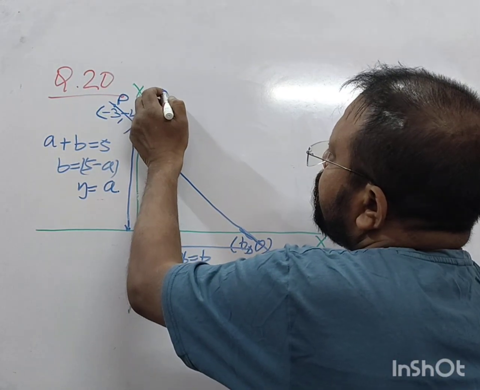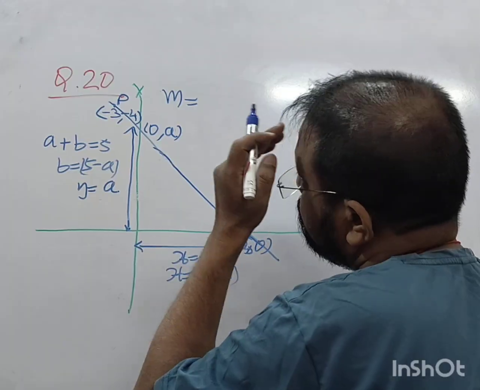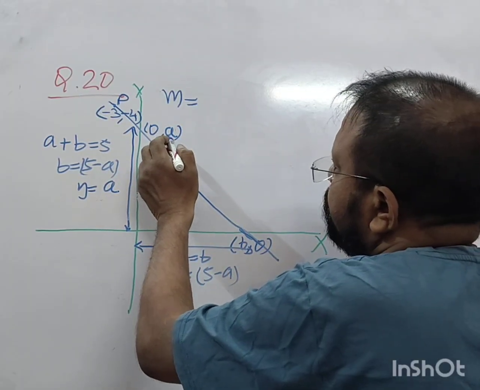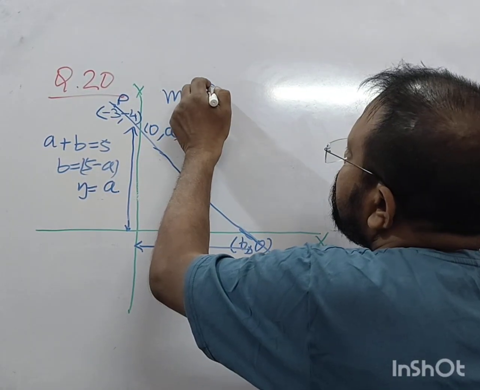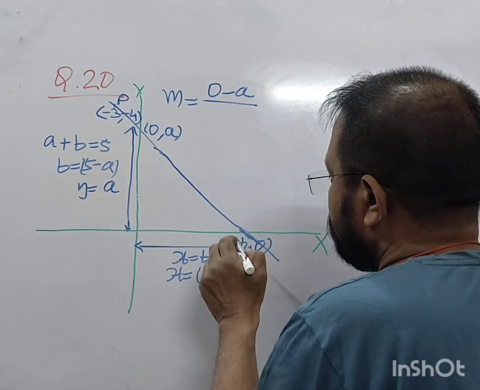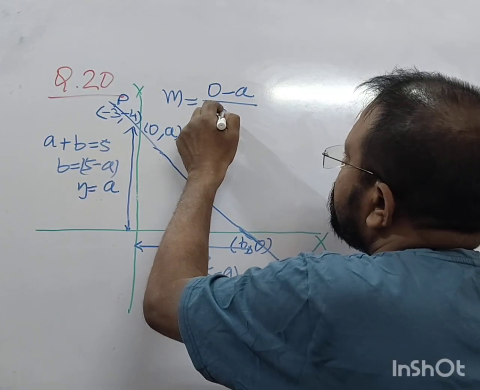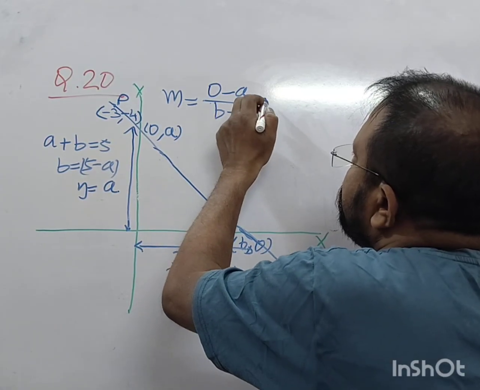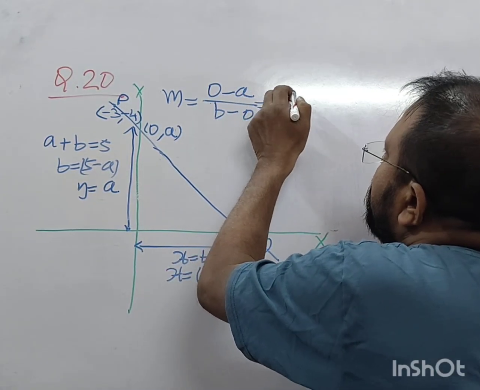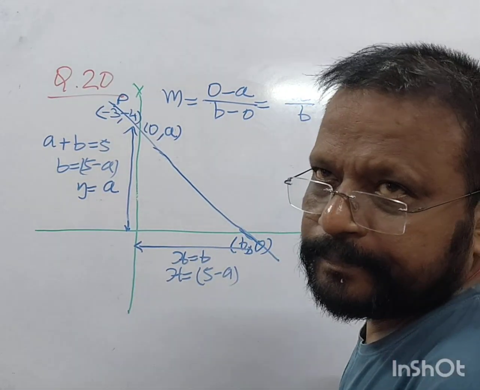So slope m is equal to 0 minus A upon B minus 0. So you get minus A upon B as the slope.